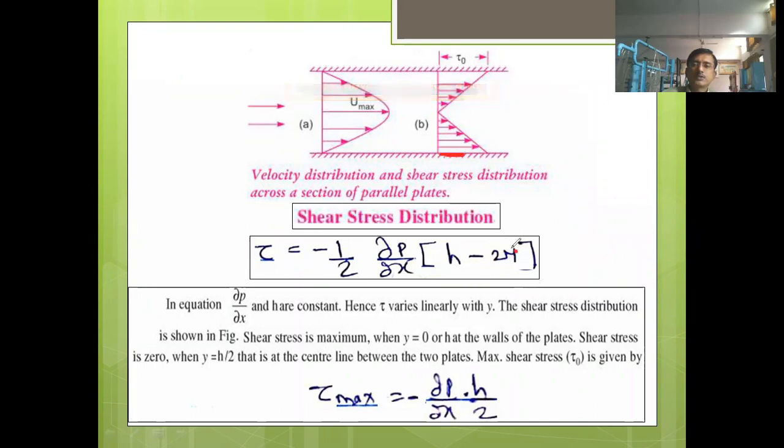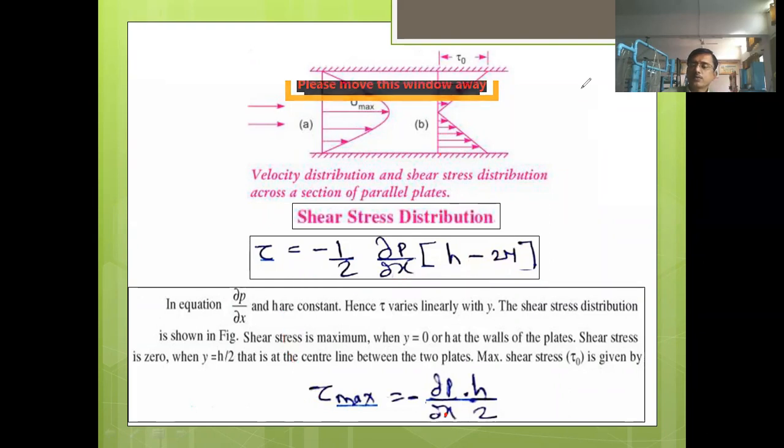If I put y is equal to 0, this whole quantity becomes 0, and this will be the maximum value of shear stress. So tau max, how to get the maximum shear stress? In this equation, just put y is equal to 0, then you will get minus del P upon del x into h by 2. Note down these two equations in your notebook.